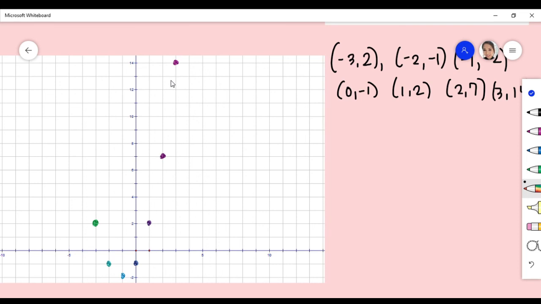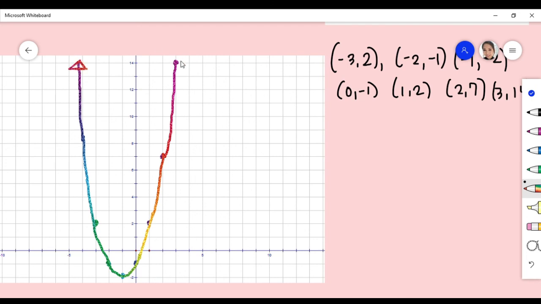Okay. So, connect the points with a U-shaped curve. So it looks like that. If we extend that, it would look like that.